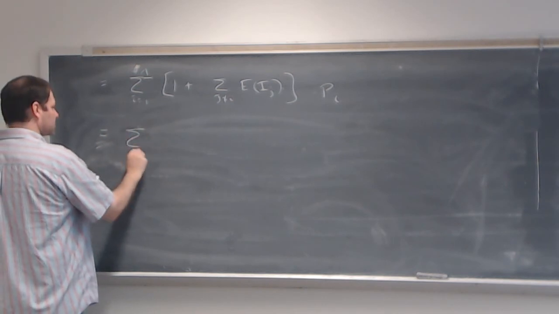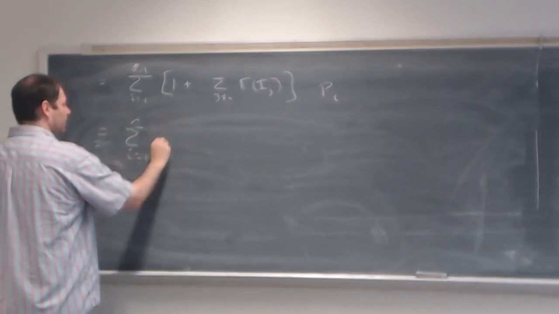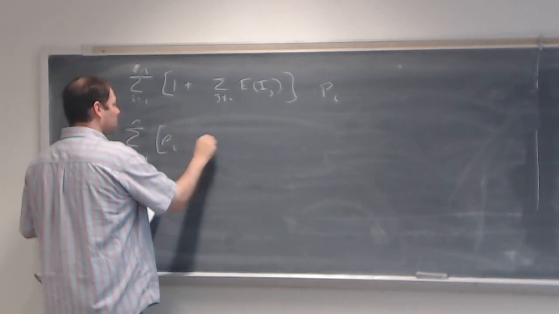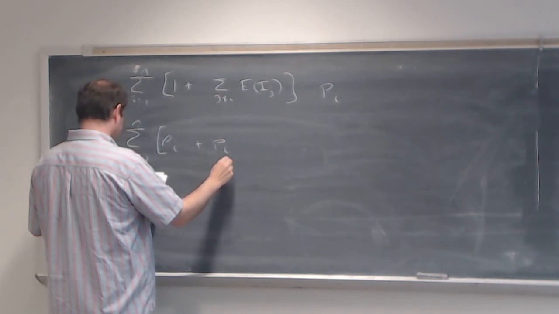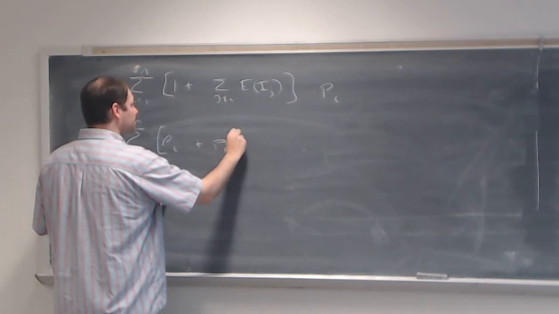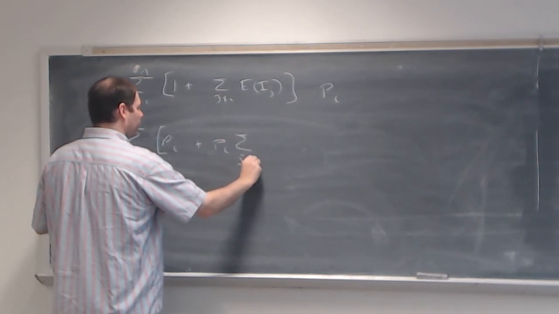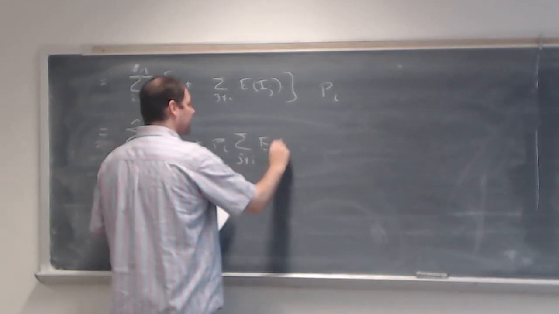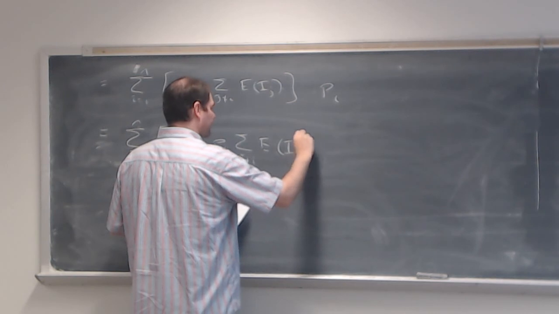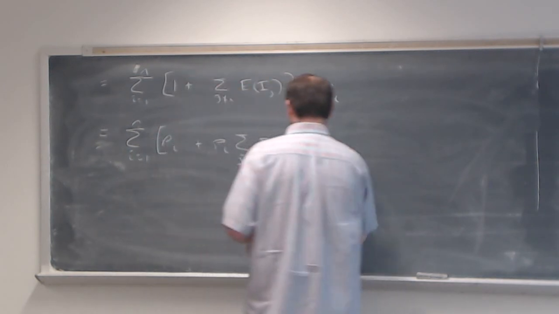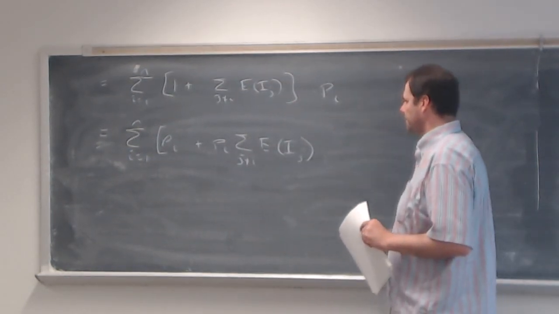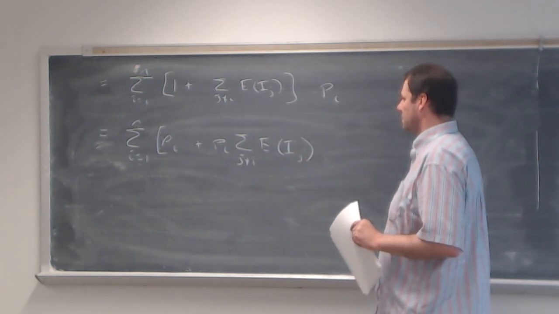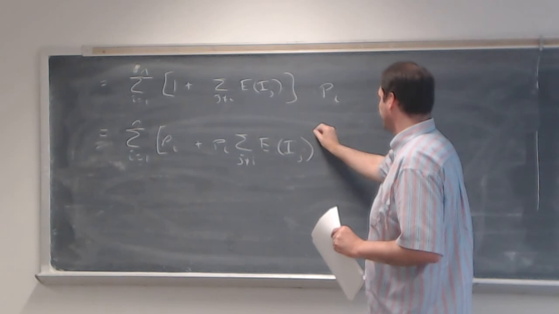So it's the sum as I runs from 1 to n of P sub I, plus P sub I times the sum over the j different from I of the expected value of the indicator function I sub j, the indicator function of whether E sub j precedes E sub I or not.